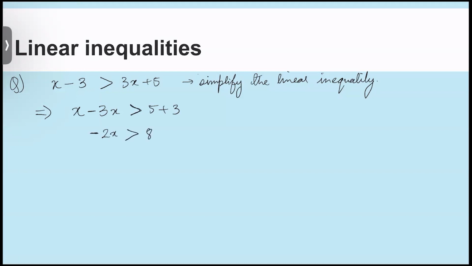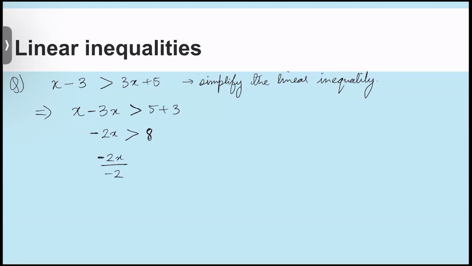Now you have two options. Either you divide both sides by a positive number and keep the inequality sign the same, or you can divide it by a negative number and you have to reverse the inequality sign simultaneously. So suppose you have minus 2x divided by minus 2.